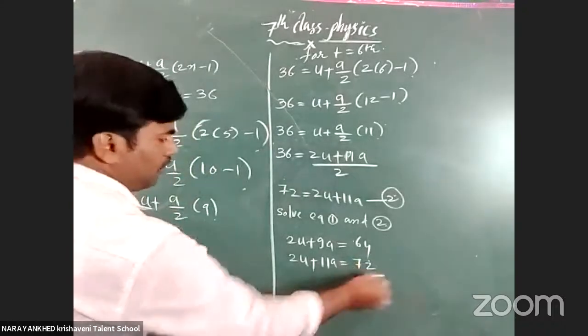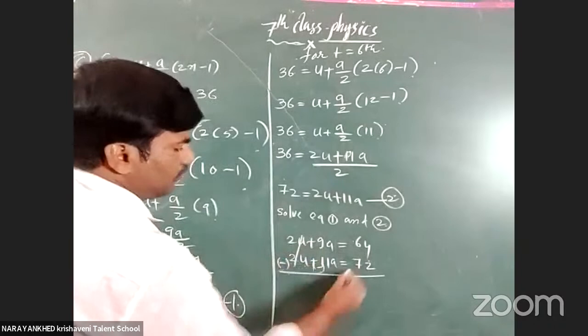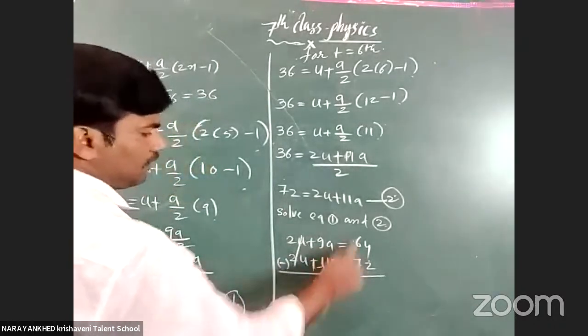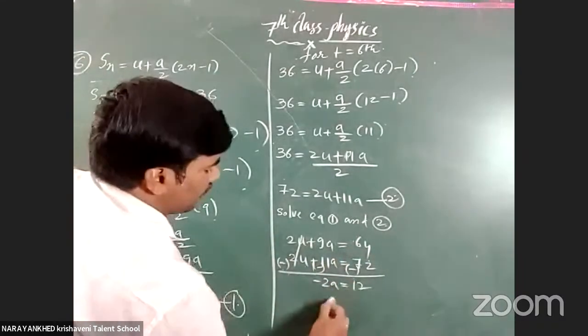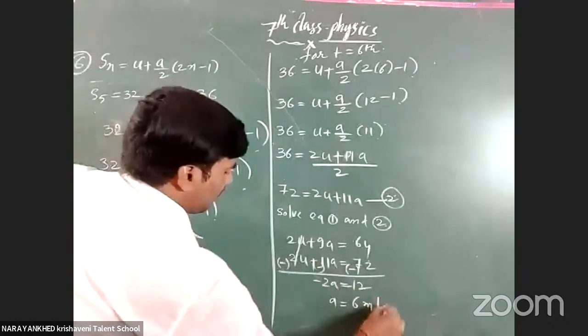Subtract them, and it becomes minus 2a is equal to 64 minus 72. It is minus 8, so a is equal to 4 meter per second square.